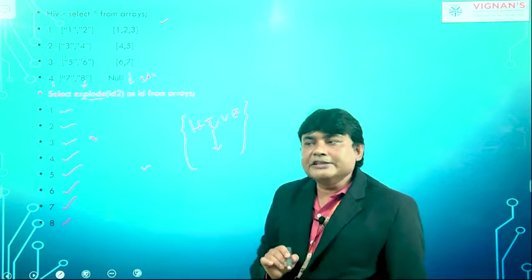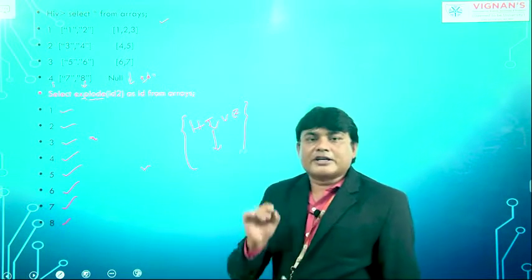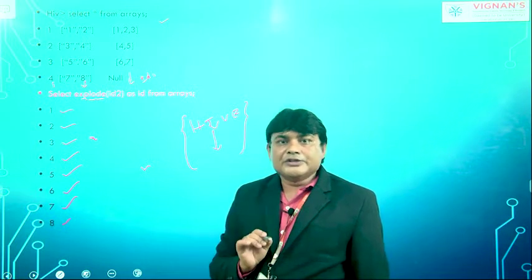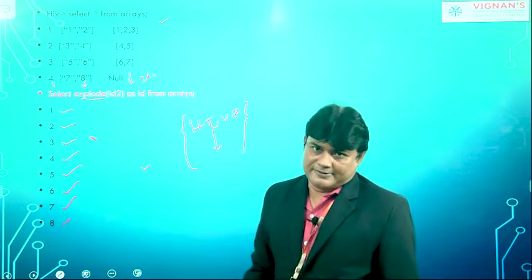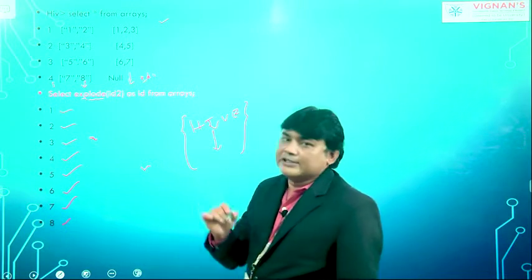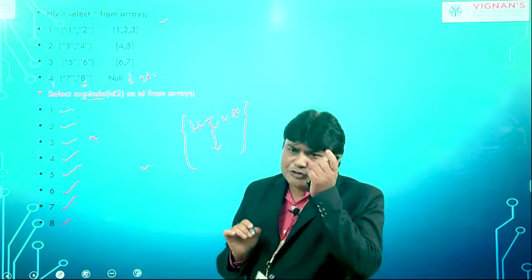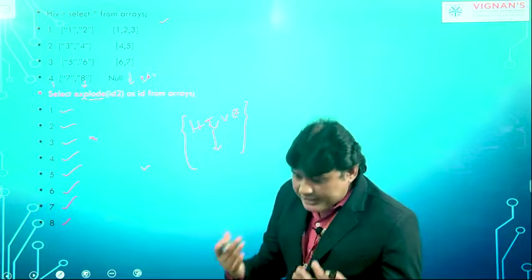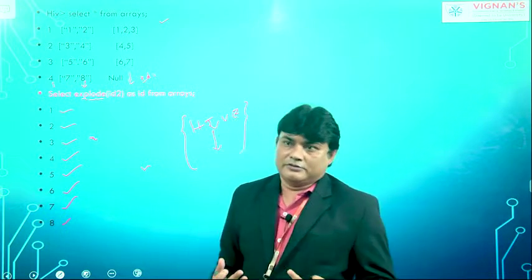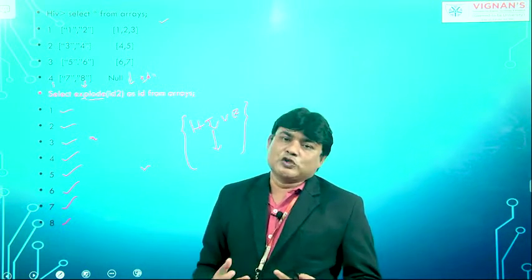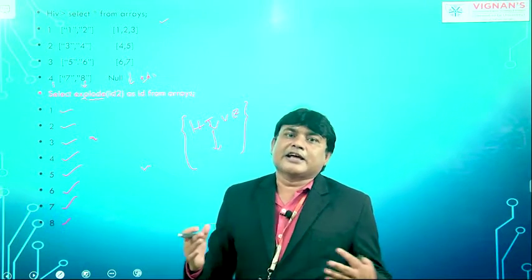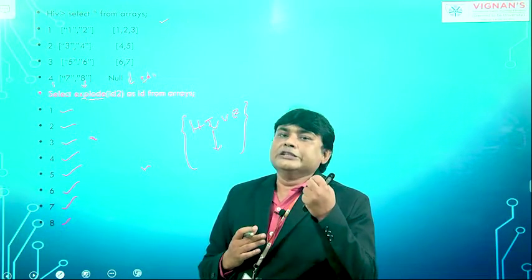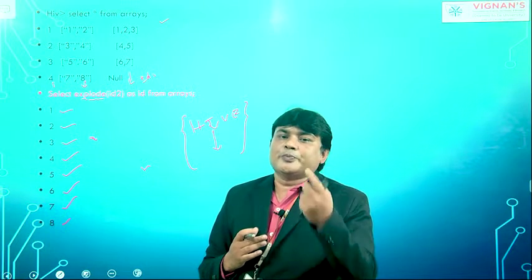So Hive is a kind of interface or translator which can translate your SQL queries into MapReduce jobs or MapReduce programs. Now Hive is very easy to learn. Why? Because if you know SQL queries very well, I am damn sure that you can learn Hive within a month or within a very short period of time.